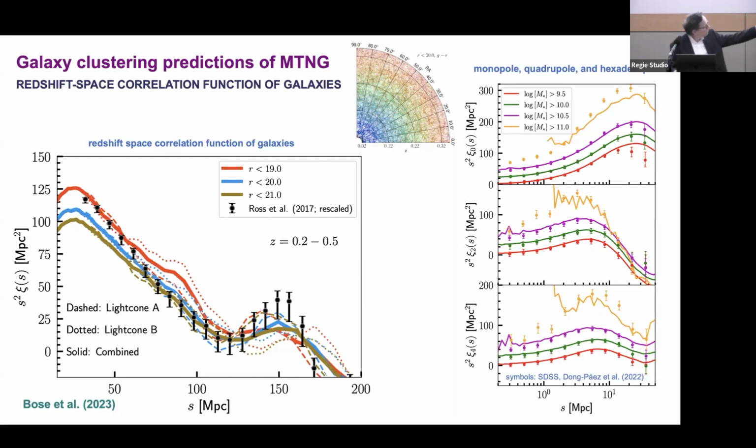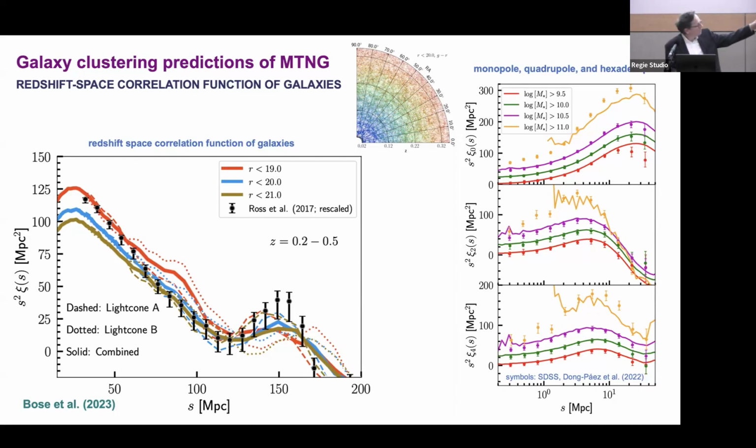And you see here at 150 megaparsec the famous baryonic acoustic oscillation peak, because this is basically a standard ruler. If we can measure that scale at different epochs, we can see how the universe expanded over time. On the right, it's measuring these redshift space distortions in the monopole, quadrupole, and hexadecapole moments of these clustering patterns.